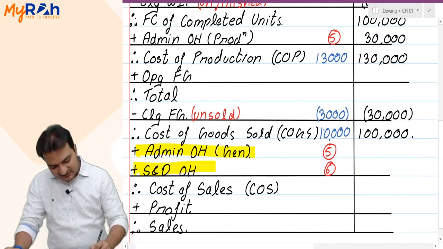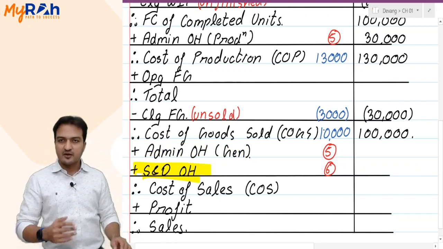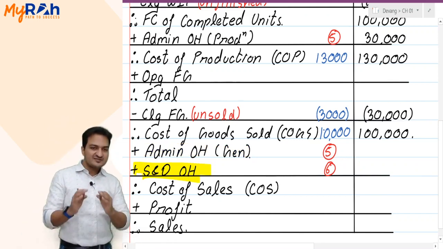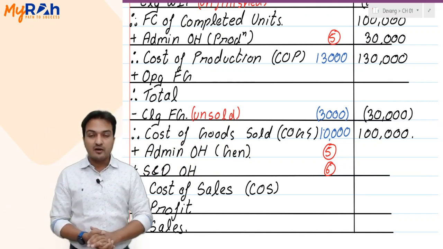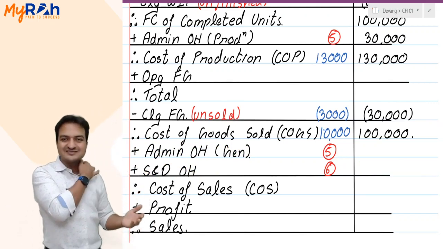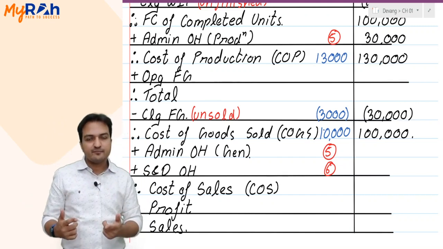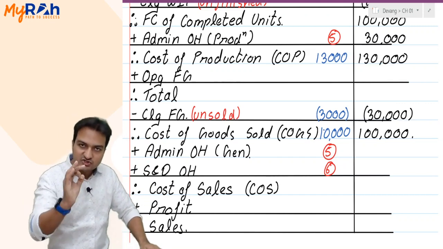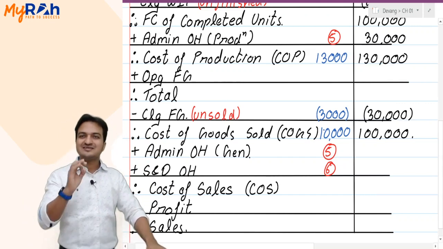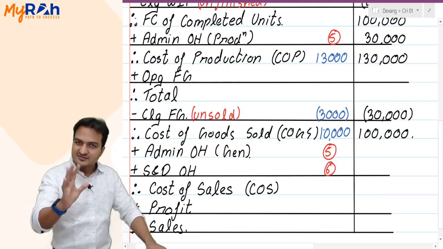Because look, selling overheads, the reason is pretty clear. Selling and distribution overheads are the indirect cost incurred for sales and distribution. Now, if selling overheads is incurred for selling and distribution, then naturally it will be incurred only on the units sold.